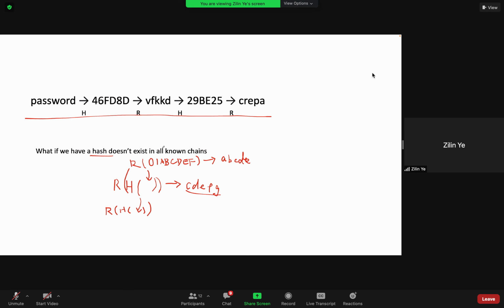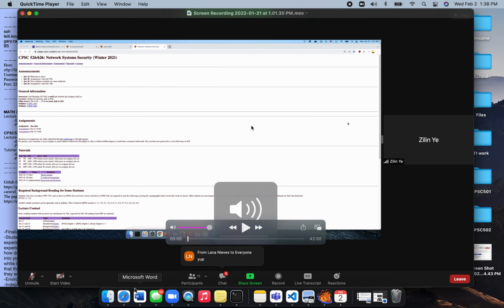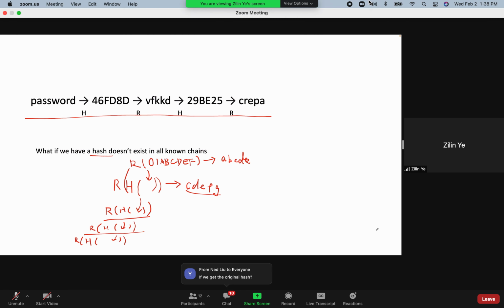Can someone tell me how to do that? Because I can literally just keep doing the reduce, the hash, taking the whole thing into the next iteration, forever.